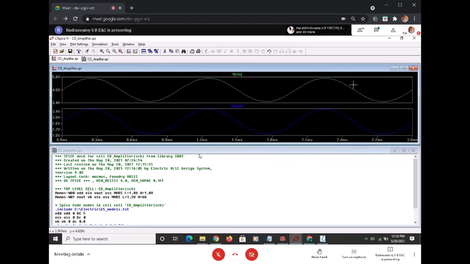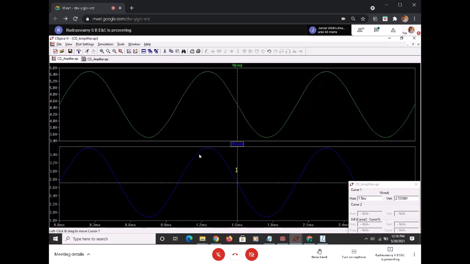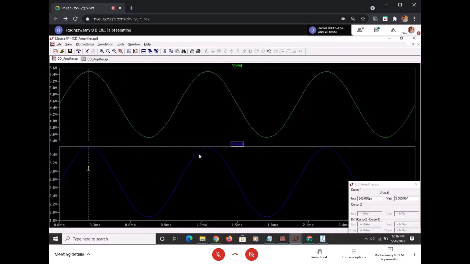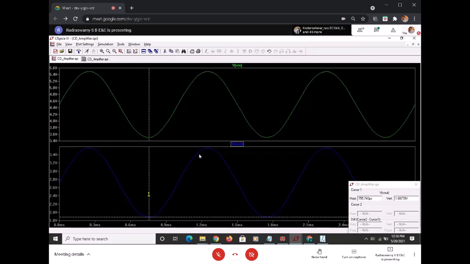Take this in there, and any of the input, and we are interested in the output here. .56, 1.88, 3.56. 3.56 minus 1.88 is 1.68 divided by 2.